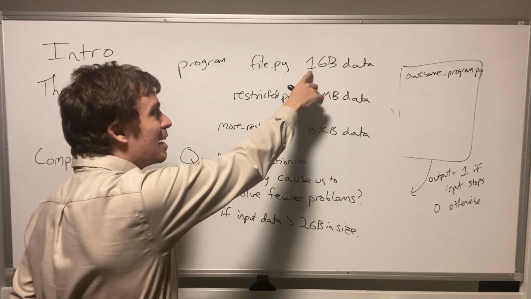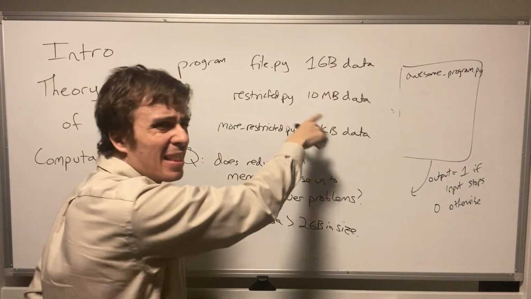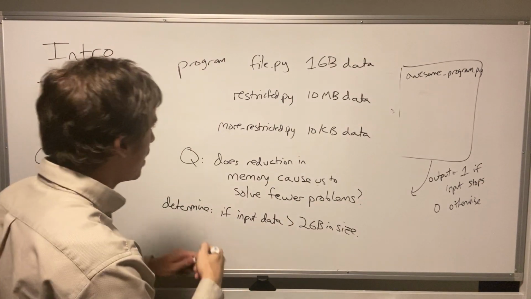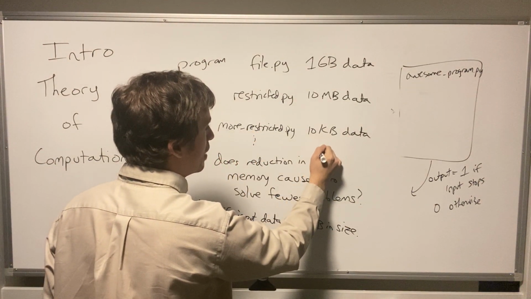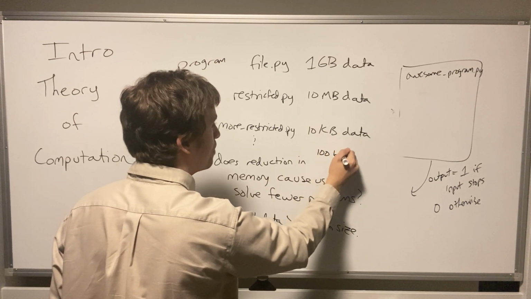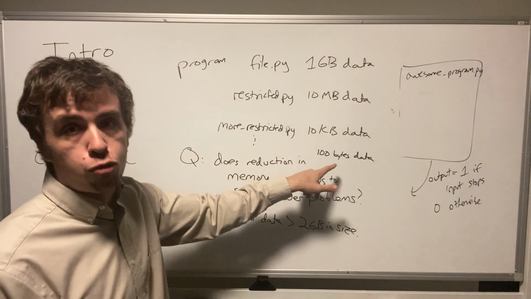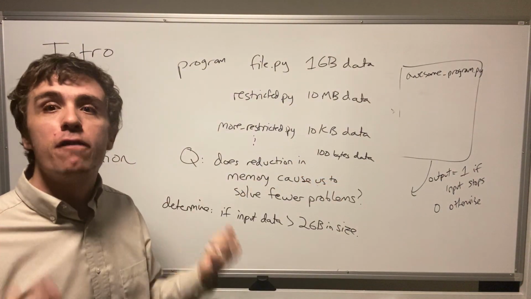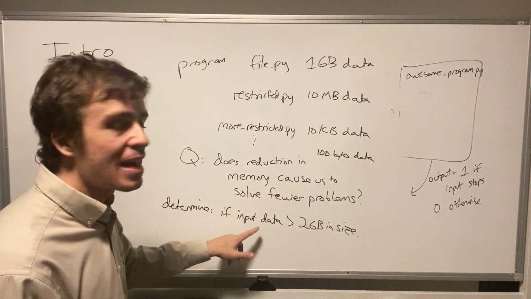Well, it's not super hard to deal with it here. It's getting a little harder here, and it's getting really, really hard right here. And if I eventually go far enough, maybe say 100 bytes of data, then this is really pushing it. It turns out that there's a fundamental limit to how far we can go down before we can't actually represent this data.